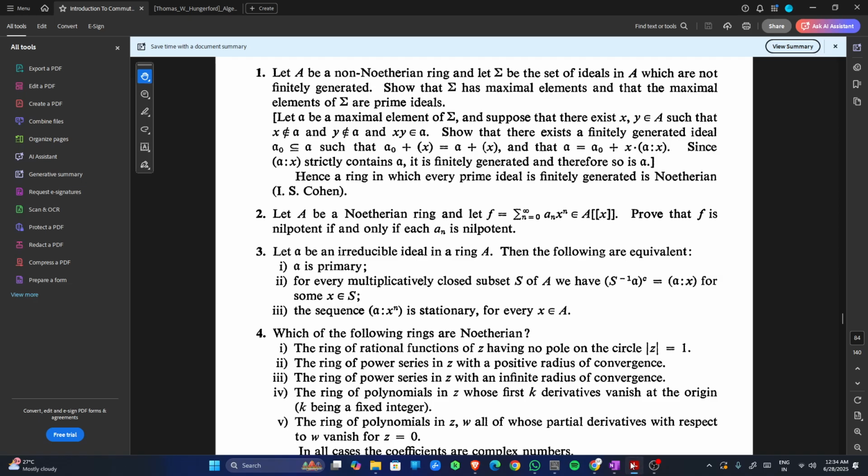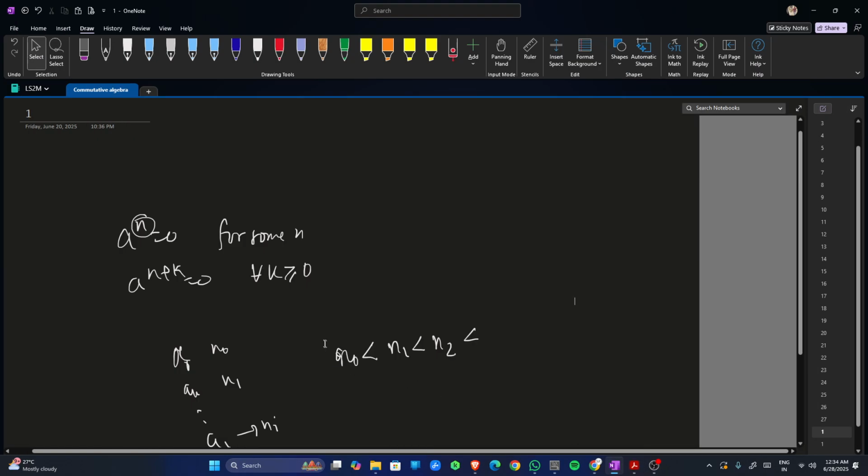But in general, if A is Noetherian, then you cannot have such a thing, the chain must stabilize, and therefore you can say that F is nilpotent if all the coefficients are nilpotent. But in the non-Noetherian case, you don't have any such thing.